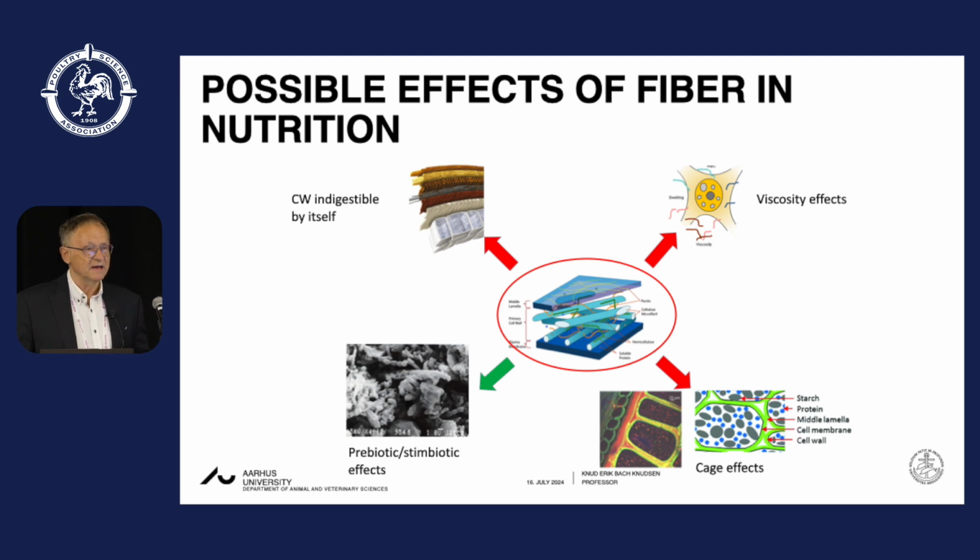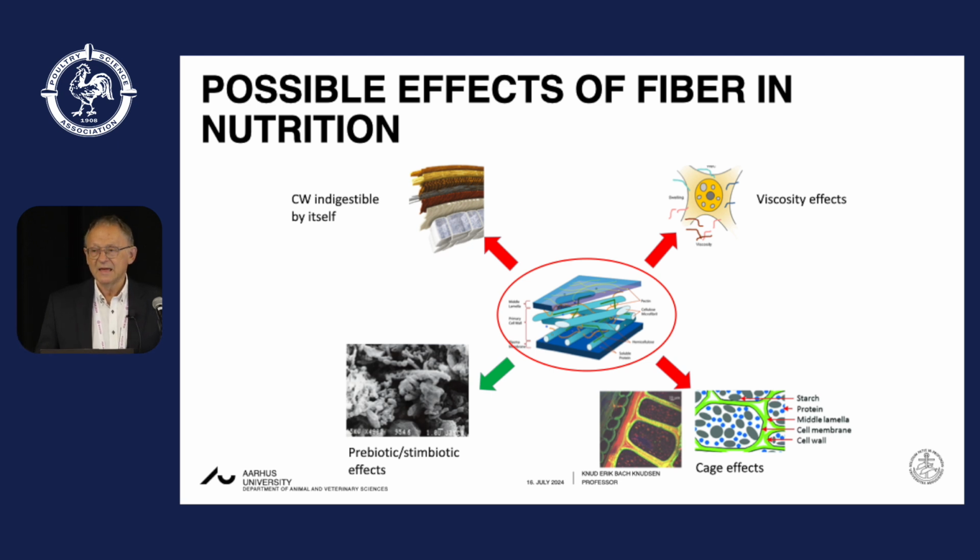Some of the fibers may also influence the viscous properties within the gastrointestinal tract, because in some cases fibers situated within a cell wall matrix will start to swell during the digestion process, and some will leak out into the solution and thereby potentially influence the rate of digestion and also some of the absorption.